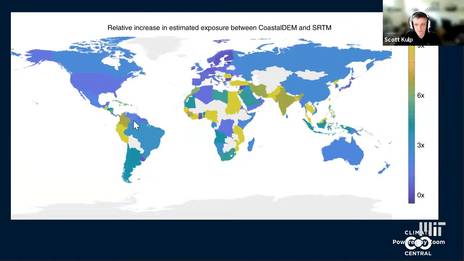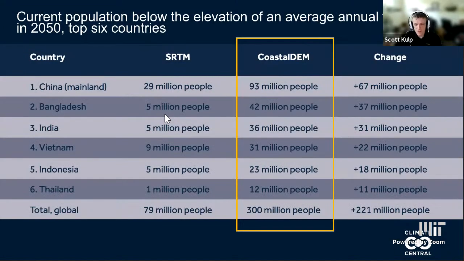Parts of Africa, the same. In terms of total numbers, China dominates, unfortunately. This is again average annual flood in 2050.